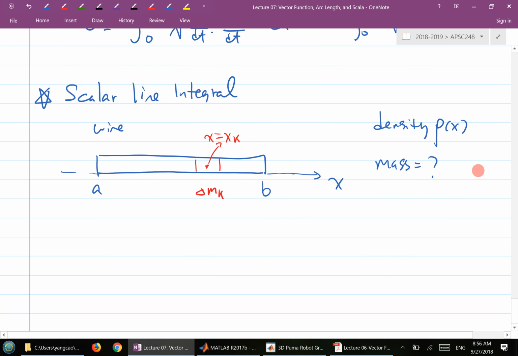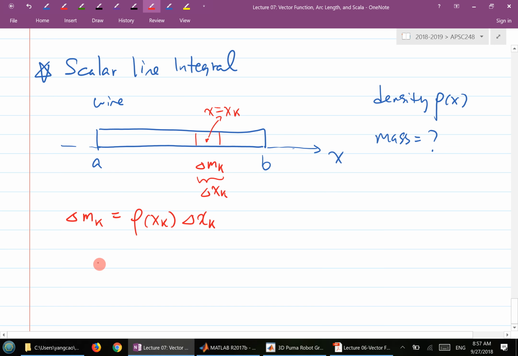Because it's a small segment, we can assume the density within it remains constant, which is rho of x_k. The density times the small segment length delta x_k gives the small mass right around that location.